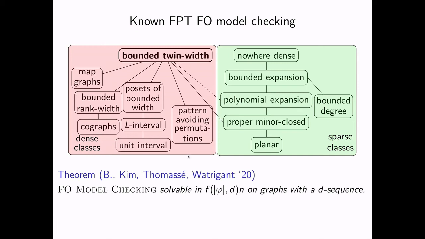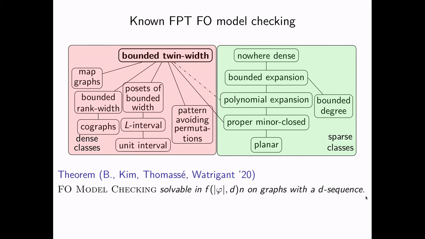And in classes that are only closed under taking induced subgraphs, not subgraphs, so now you can have dense classes, you can have cliques, because before, if you are closed under subgraphs, if you have cliques, you have all the graphs. So now you have things that are dense, and this is what we know. So the classes where FO model checking is FPT, with the caveat that for bounded twin-width, we need the d-sequence to be given.